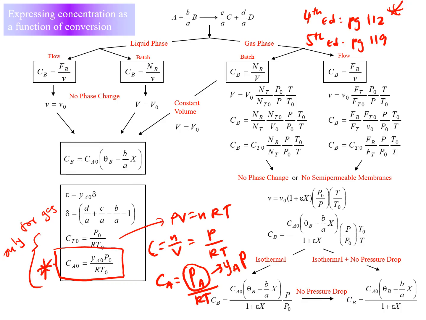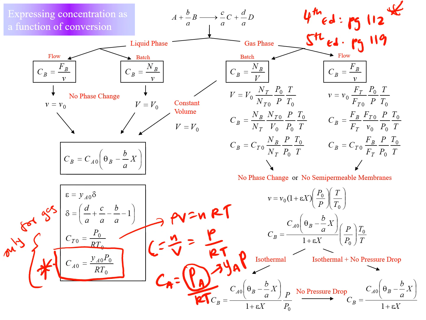Okay, recall that for the liquid phase we have flow and we have batch. This is for CB equals FB over V. If there is no phase change, the volumetric flow rate will not change. There is no difference between t equals 0 and any time.